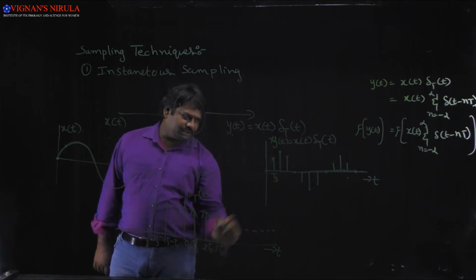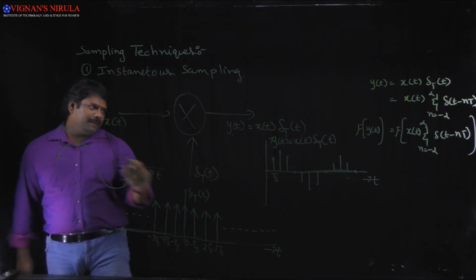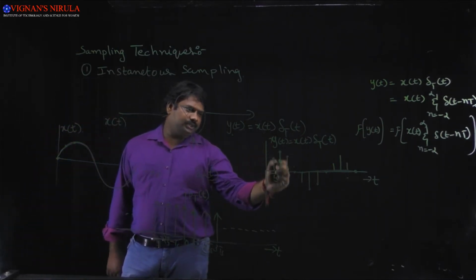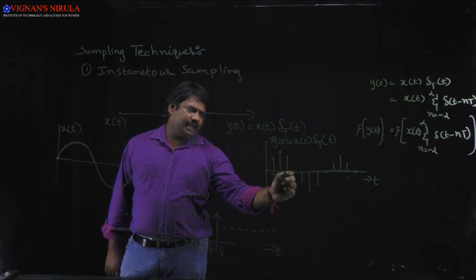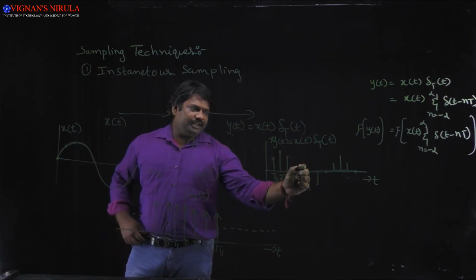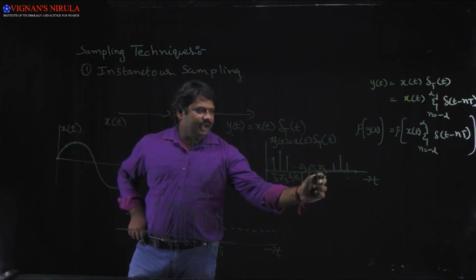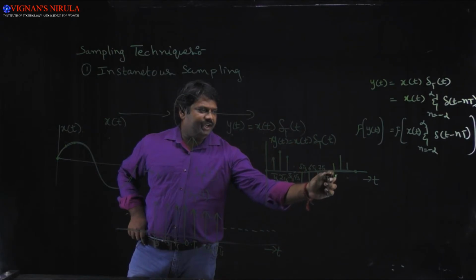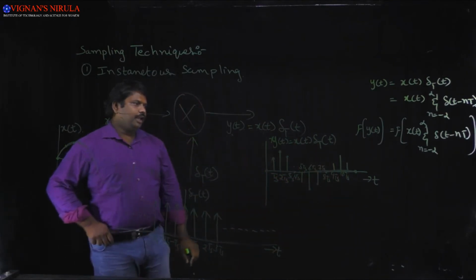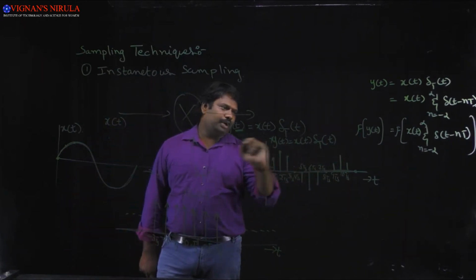Again at 2ts, this impulse and the value there are multiplied, so we get another impulse at 2ts. Again at 3ts, 4ts, 5ts, and so on up to 10ts. For every value of ts, we get the corresponding output y of t.